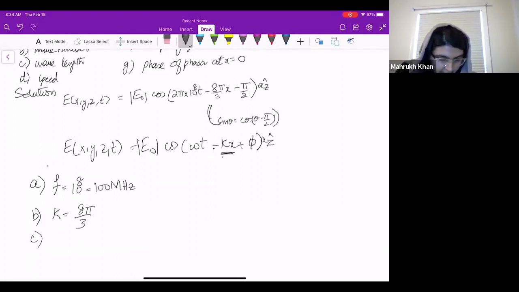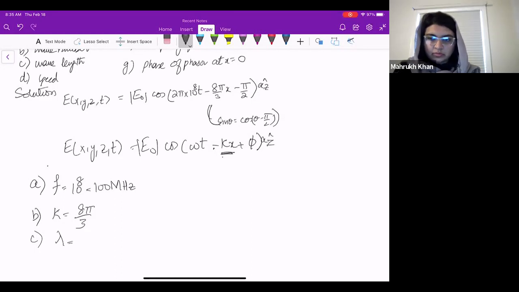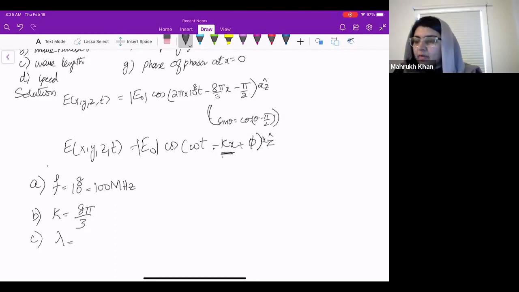Okay, the C part is wavelength. Lambda, what is lambda? What do you think omega is? Can you see omega here?